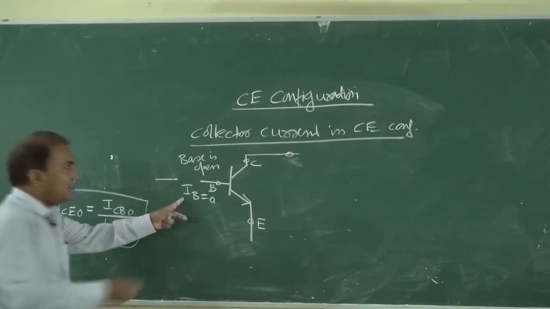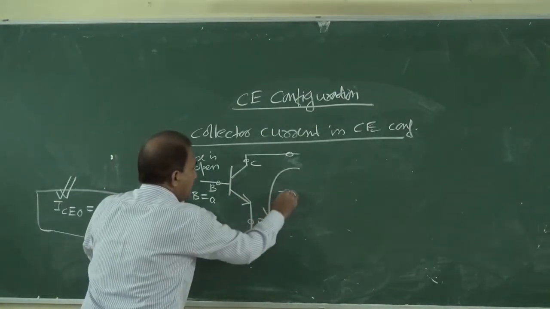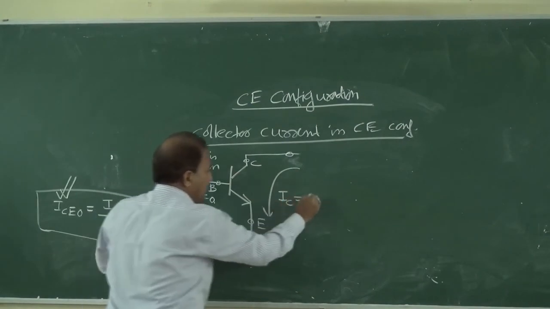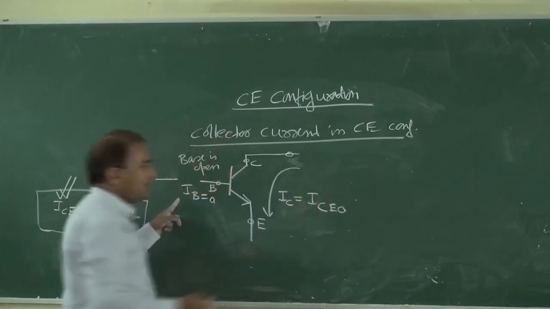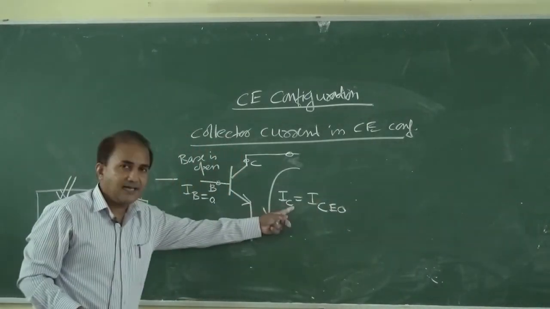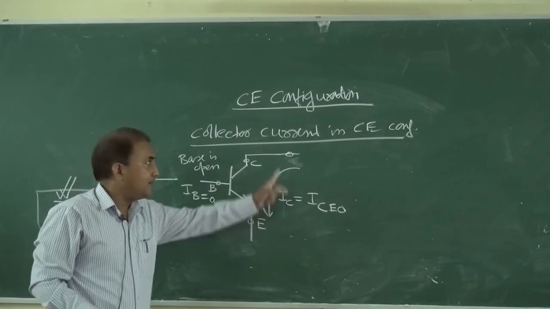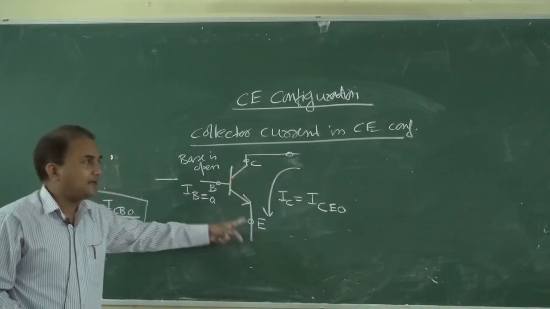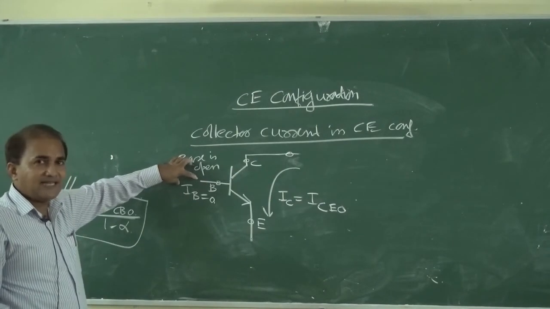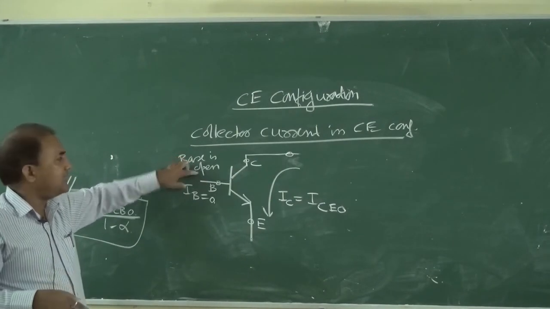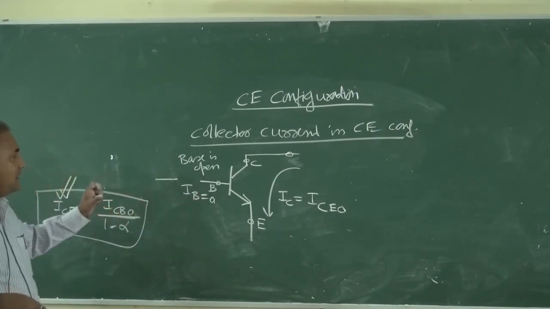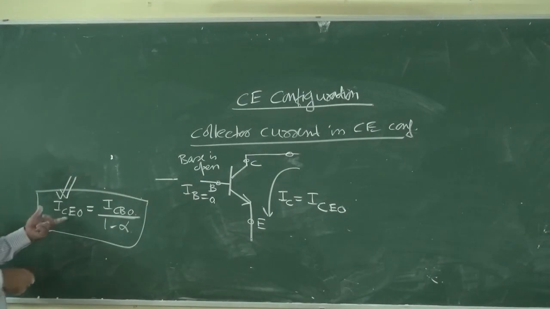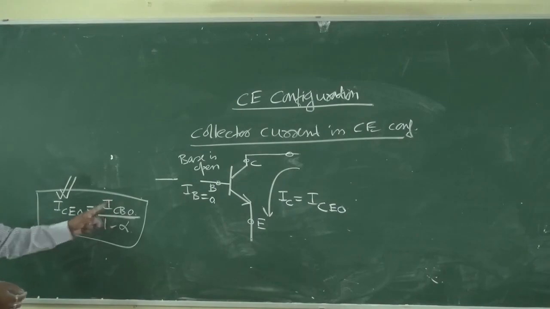So whatever the value of IC, it is equal to ICEO. ICEO is the reverse leakage current between collector terminal and emitter terminal when base terminal is open. In this way we can measure the value of ICEO, and it is very high as compared to ICBO.